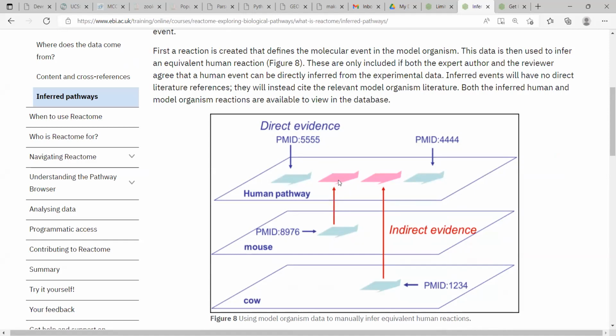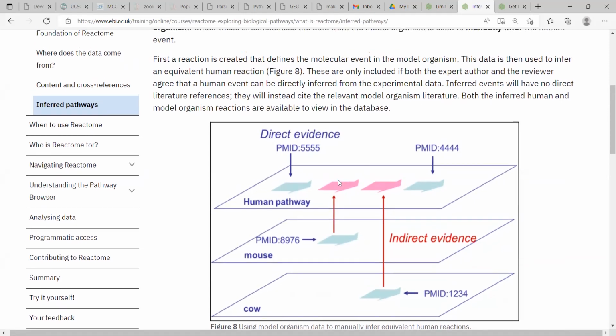Okay, so this is another method by which you can infer pathways in many different organisms, from comparative analysis. Is it clear?